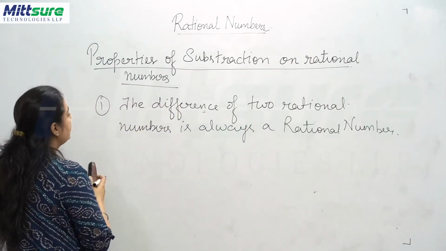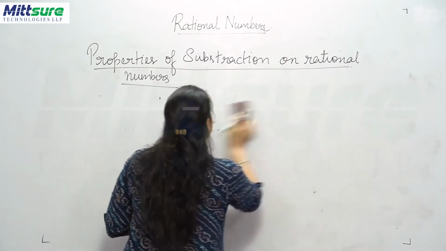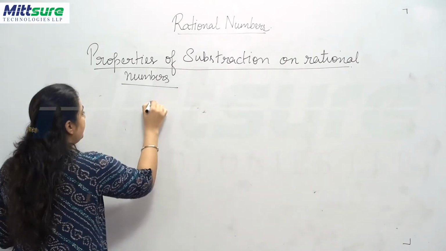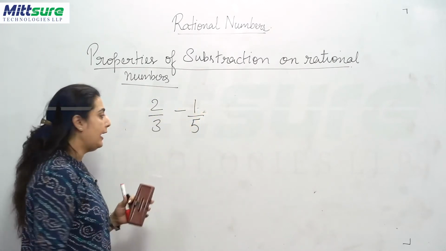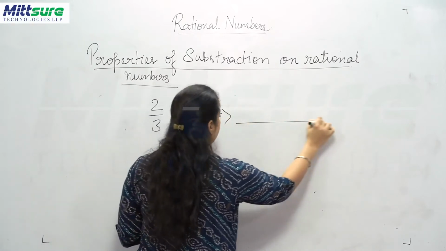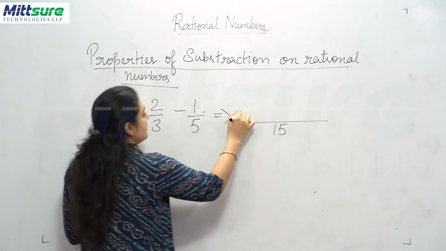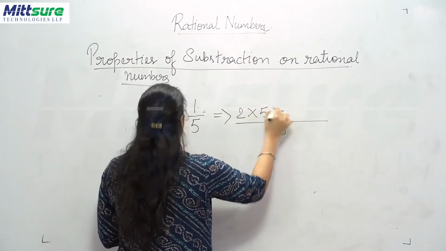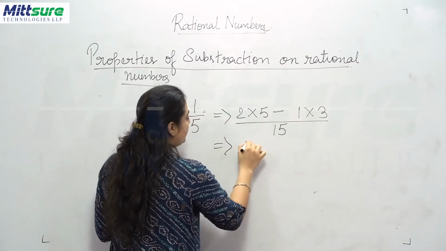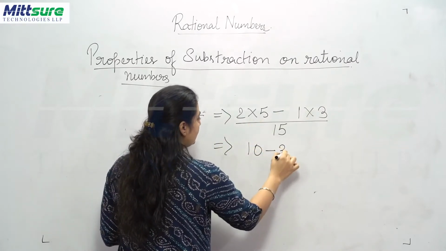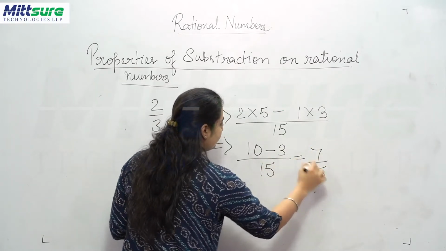So let's understand the same with an example. 2 upon 3 minus 1 upon 5. Again, we are going to take the LCM 15. Here it goes 2 into 5 minus 1 into 3. 2 5s are 10 minus 3 gives you 7 upon 15.